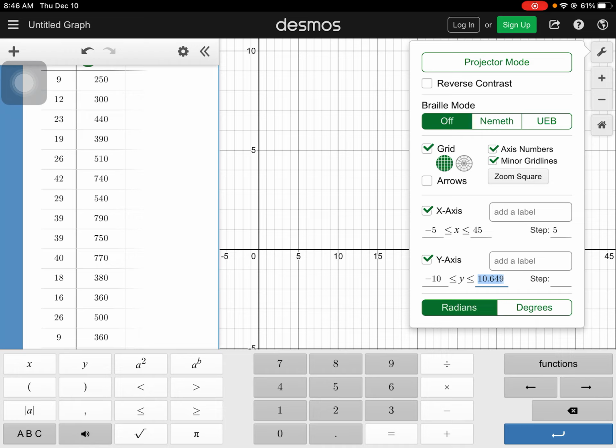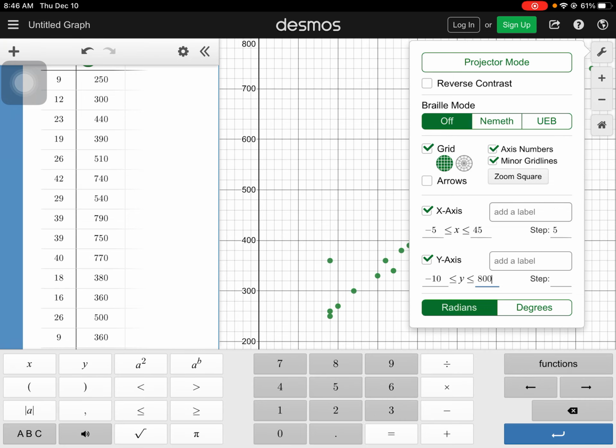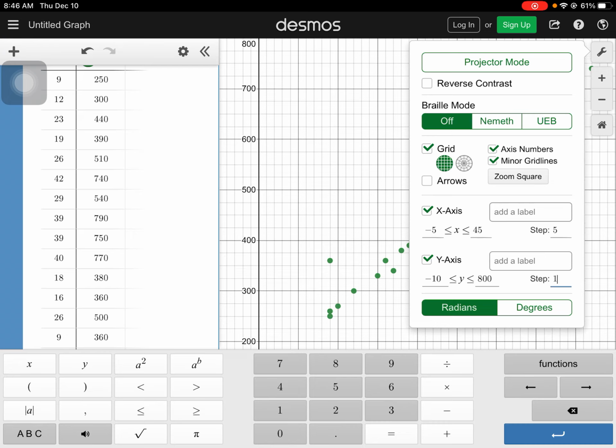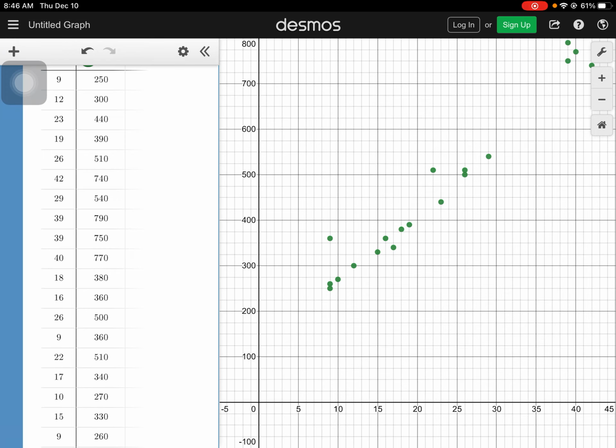The biggest number, 790, is the Angus bacon and cheese, so I'm probably going to go 800. And honestly, it's probably good to count by about 100 here. If you want to make sure you're seeing the y-axis, it might be good to go -100. And then if we close this, check it out, now we can see all those points.